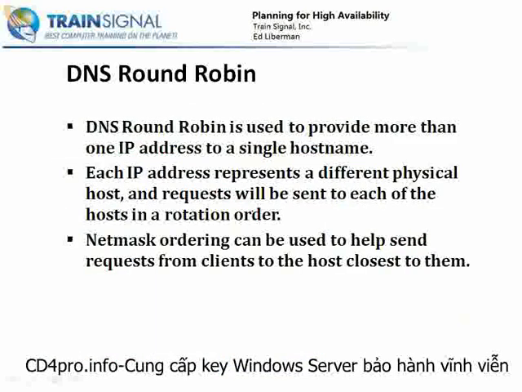Now, we can take DNS round robin to an extra level by enabling something called netmask ordering. When you enable netmask ordering, this can be used to help send requests from clients to the host, or again, think of that host as a server, to the server that is closest to them.